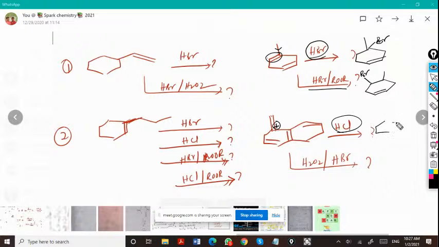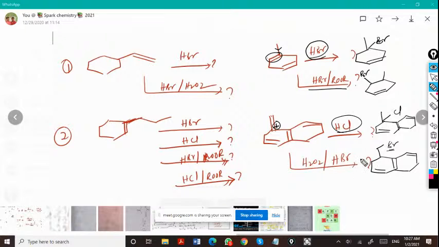So the addition will be at this point. If it is peroxide, the radical at this point is most stable. So it will give the product at the less substituted carbon.